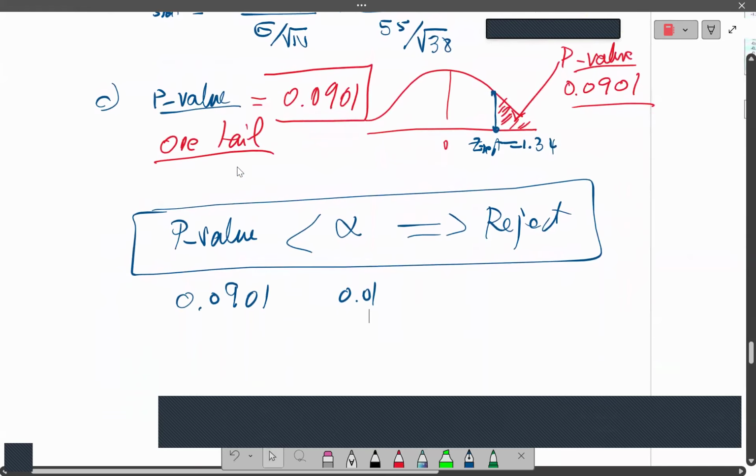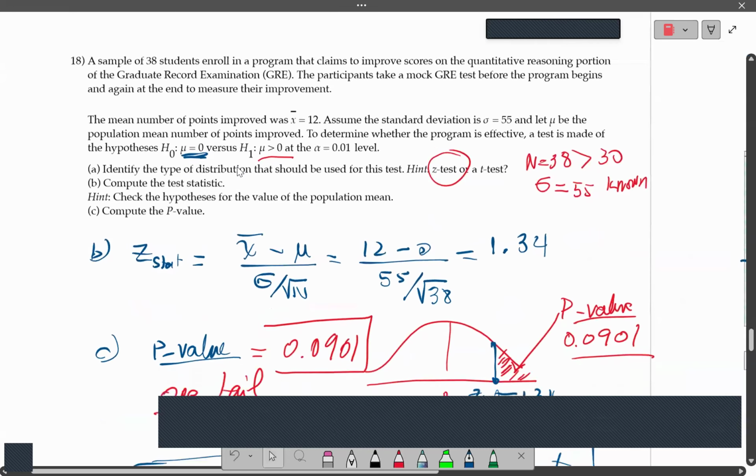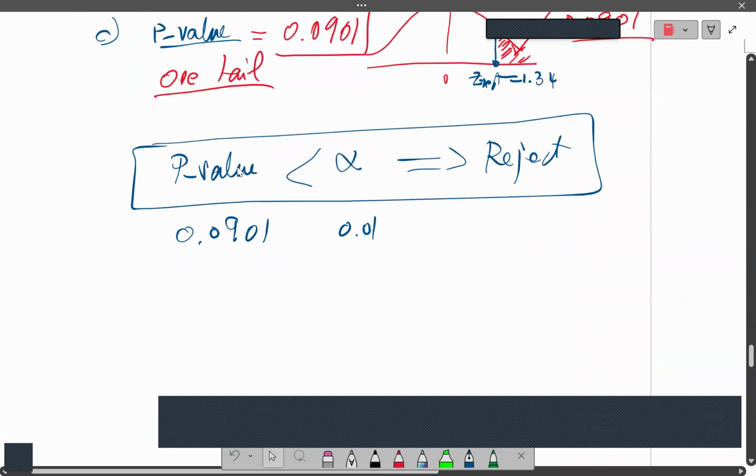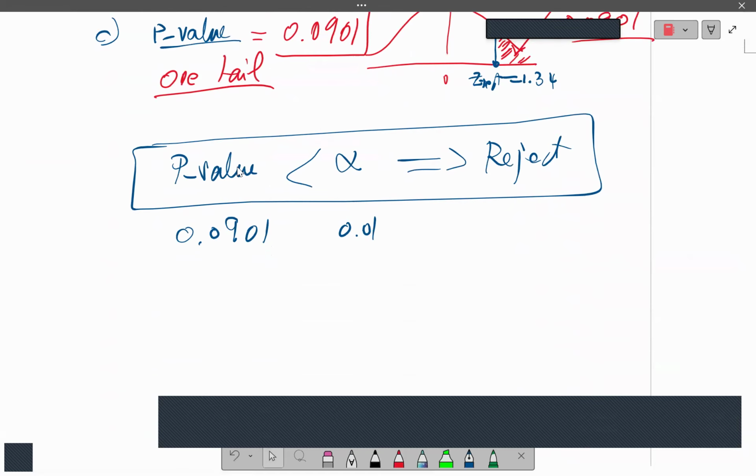So if it is confusing for you guys to compare these two, I think I'm wrong with the alpha, 0.01. Is it? Yeah, it's fine. If I am confused between these two values, give them the same number of digits after the decimal point. If I have 4 here, make them 4 over here.